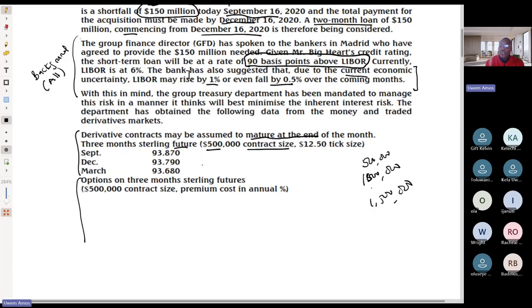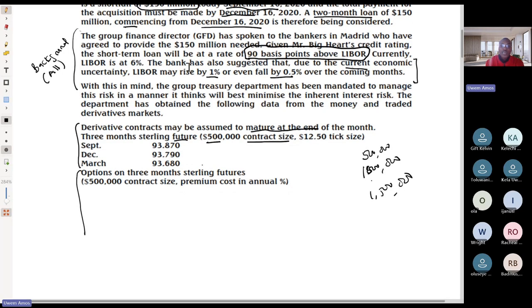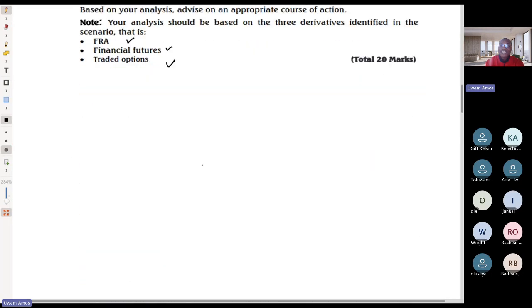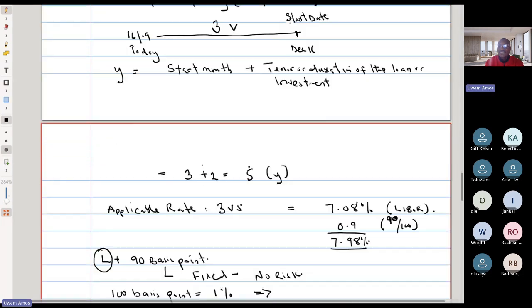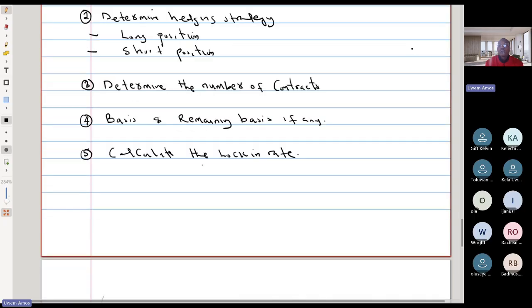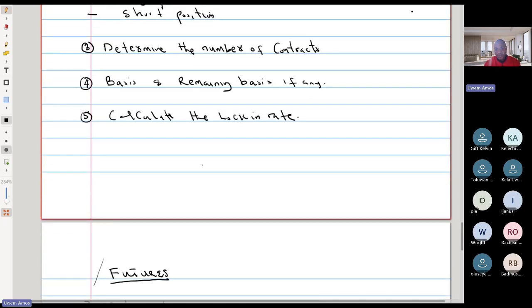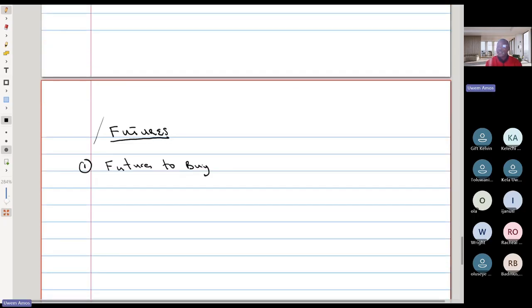Now the futures that you would buy would be the futures that is open as at the date you want to borrow or invest. That's the futures we buy.